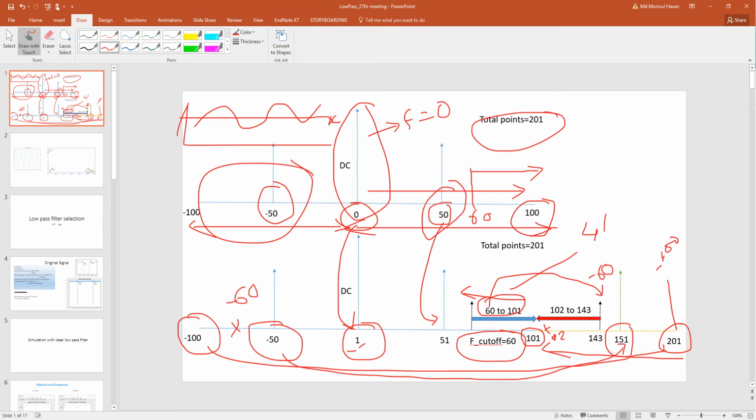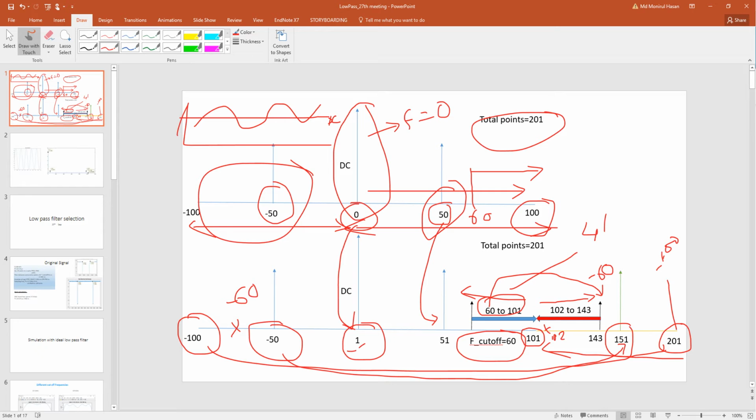Similarly, we can go from 102 points toward negative 60, or the equivalent of negative 60. So here is a total of 41 points. If we go from 102 another 41 points, that becomes 143. So that's the way to think of it.